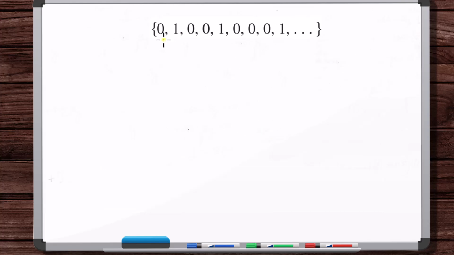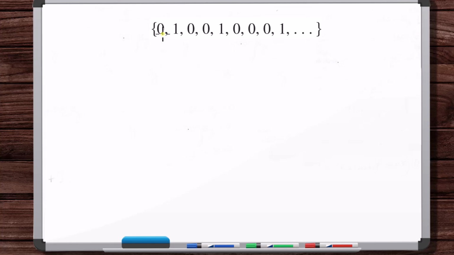Okay, looking at this, when I see problems like this, I kind of think, can we replace this with some sort of trigonometric function, right? Because trig functions, like sine and cosine, oscillate between 0 and 1. So maybe we could look at this from the perspective of a trig function.